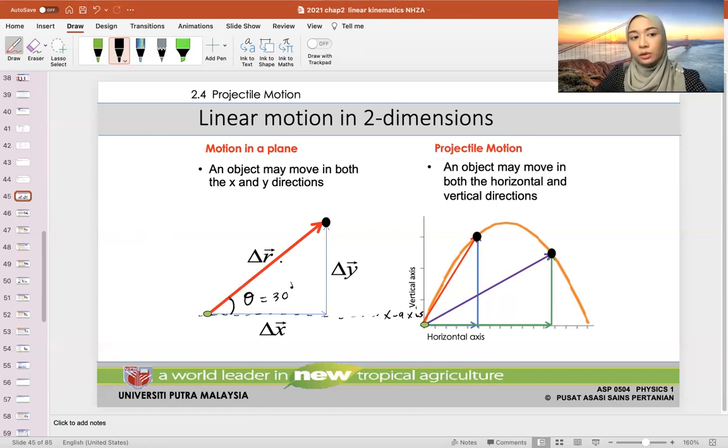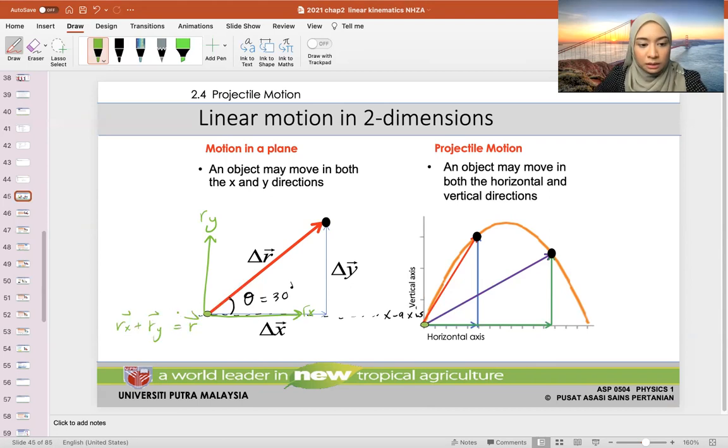So I immediately know that I can resolve this into its x and y components, right? This is my x component and this is my y component. Remember, your vector is always sandwiched in between its components. Rx, the x component, and Ry, the y component of the r vector, are going to give you the r vector.